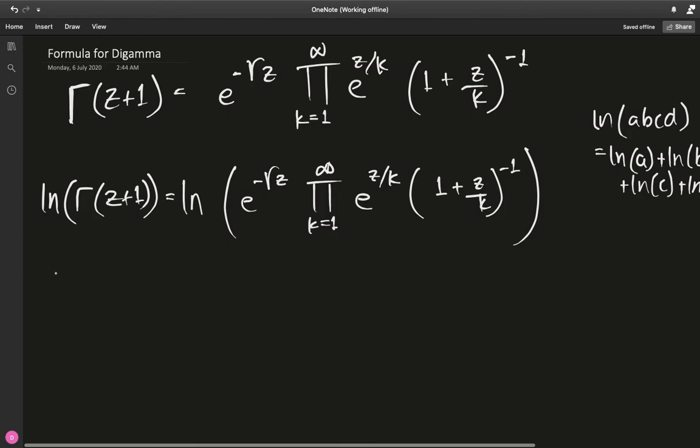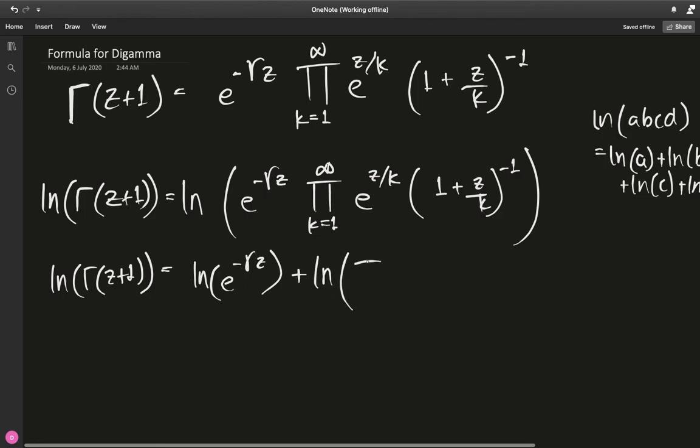So if we do that here, we basically have natural log of gamma of z plus 1 is equal to natural log of e to the minus Euler-Mascheroni times z plus, because of this property, natural log of the product from k equals 1 to infinity of e to the z over k times 1 plus z over k to the negative 1 power.